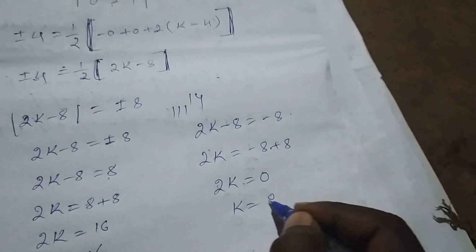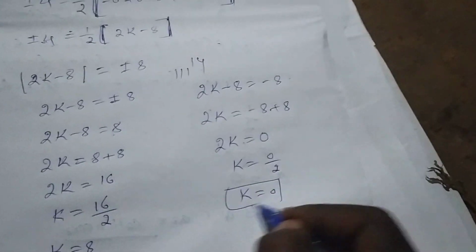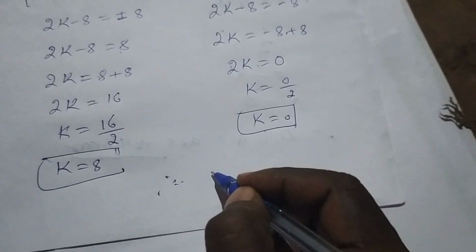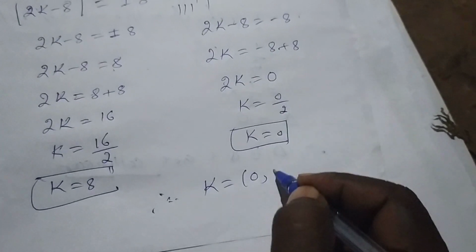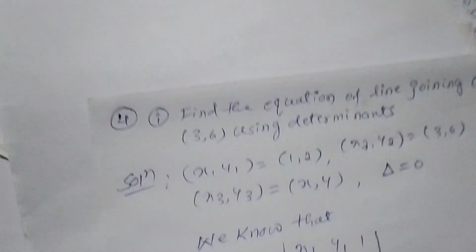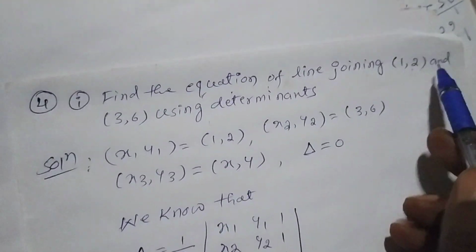So K equals 0 by 2, K equals 0. Therefore the values of K are 0 and 8. This is how to find the value of K when the area is given. Similarly, the fourth question: find the equation of the line joining 1, 2 and 3.